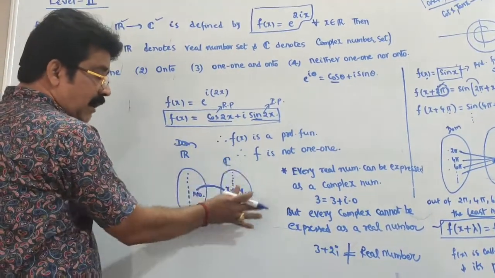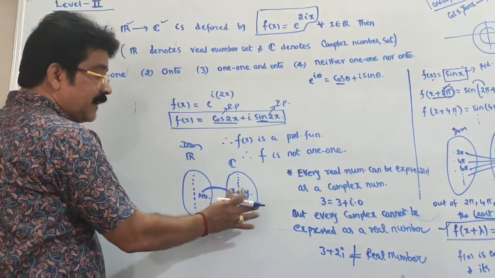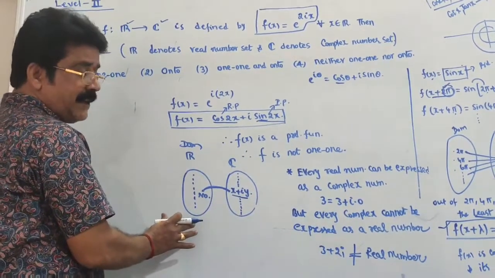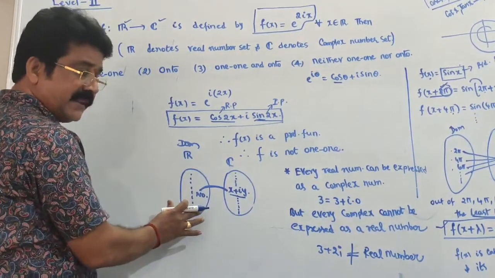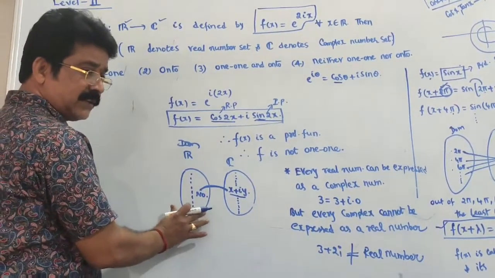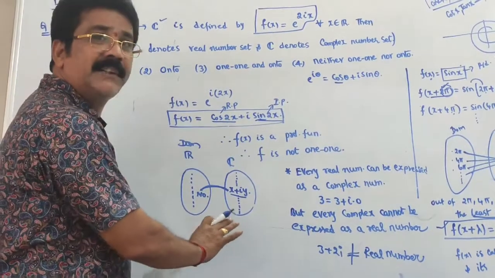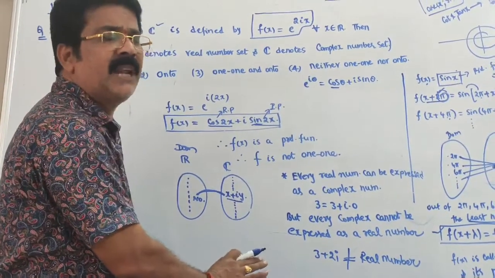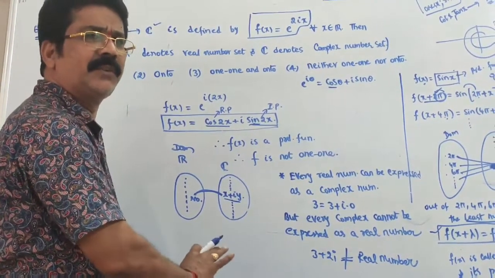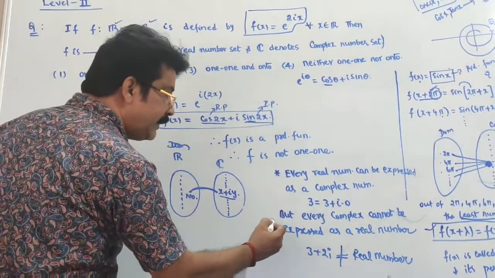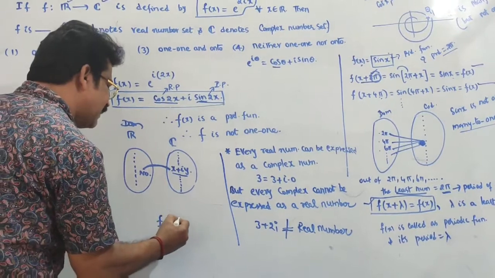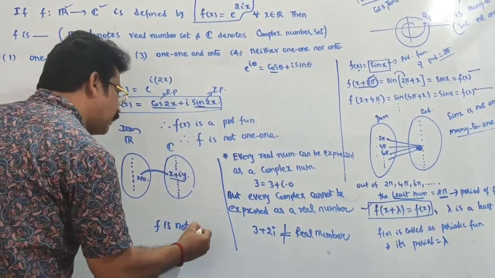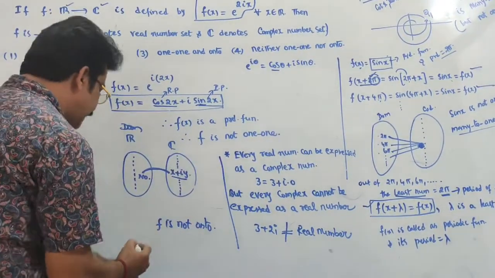Definitely, these complex numbers cannot be expressed as a real number, meaning they cannot have a pre-image in the first set. That's why it is not an onto function. Of course, it is an into function. It is out of question. So, due to this reason, f is not an onto function.